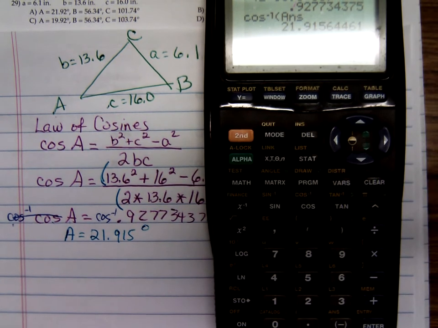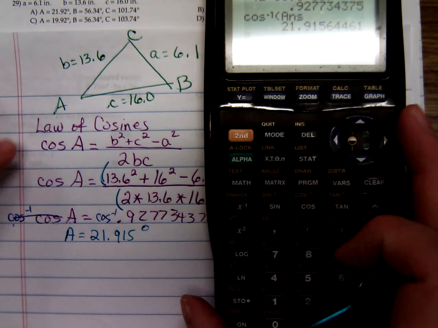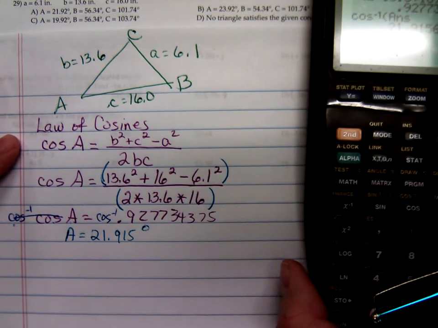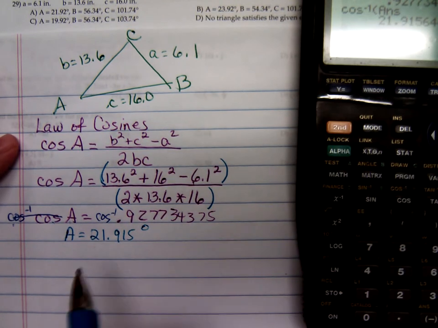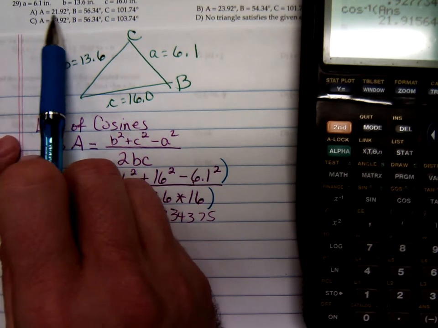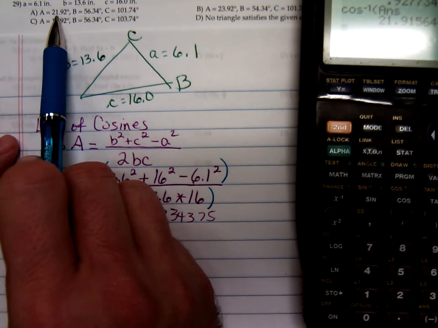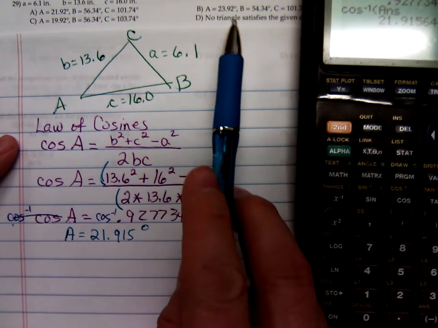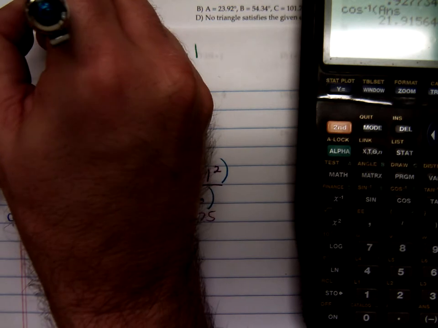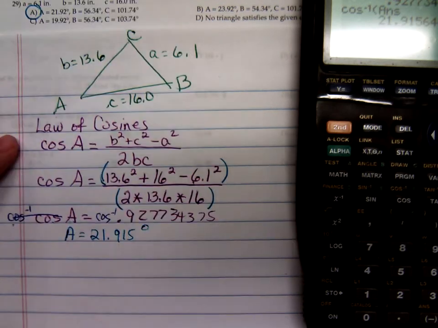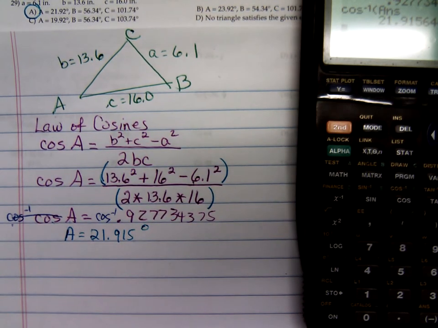We still have another one to do, don't we? Or not? Let's see. I think we're finished. How do I know I'm finished? You see, this is the only one. 21.92. A is 21.92. Okay. There. Any questions there?